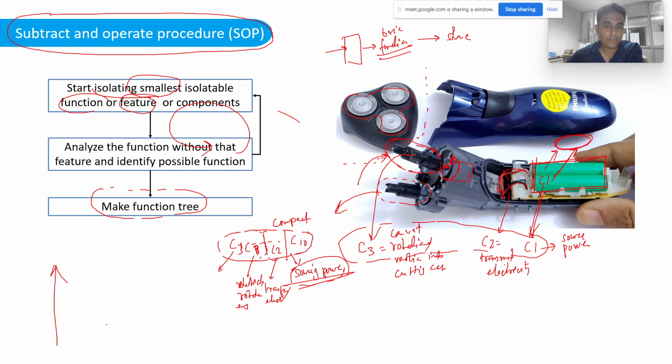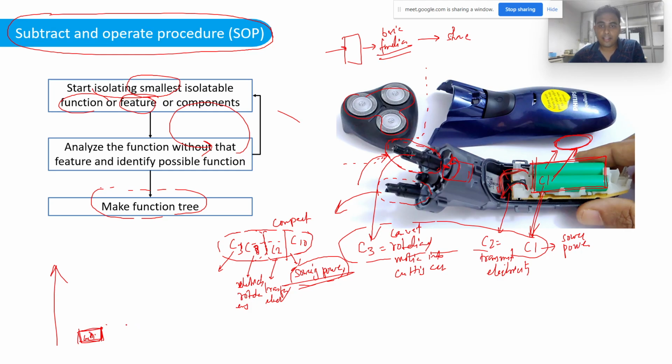So what we do here is first draw the smallest functionality. For example, we understood that when we remove the cutting mechanism, it does not affect anything else, it only affects the final cutting part.